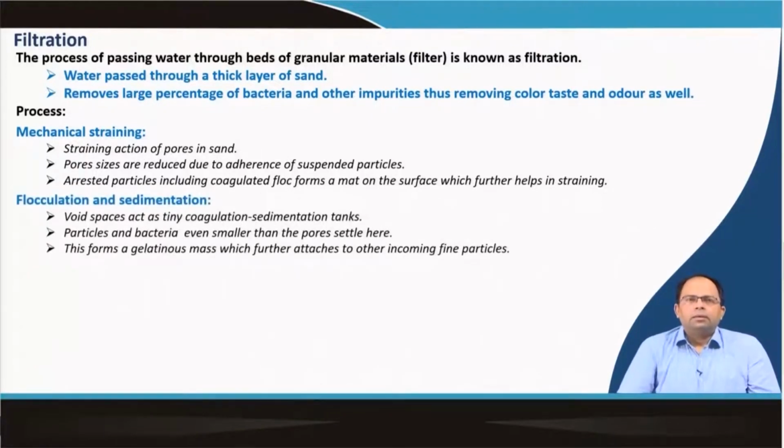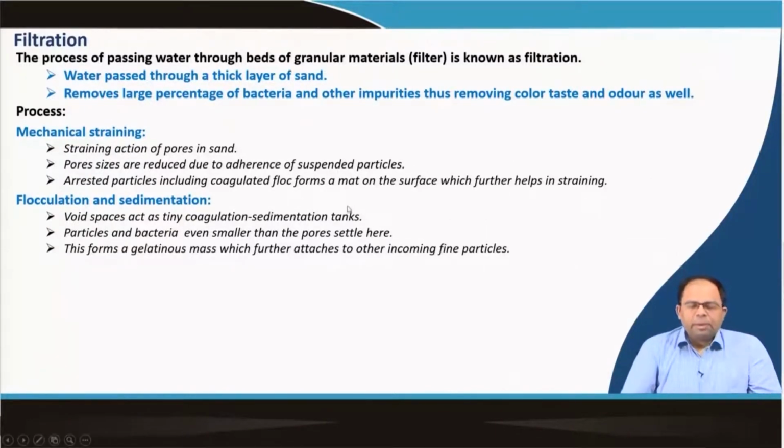Then, along with mechanical straining, we also have natural flocculation and sedimentation. How does it happen? The void spaces in this particular sand basically act as tiny coagulation sedimentation tanks.